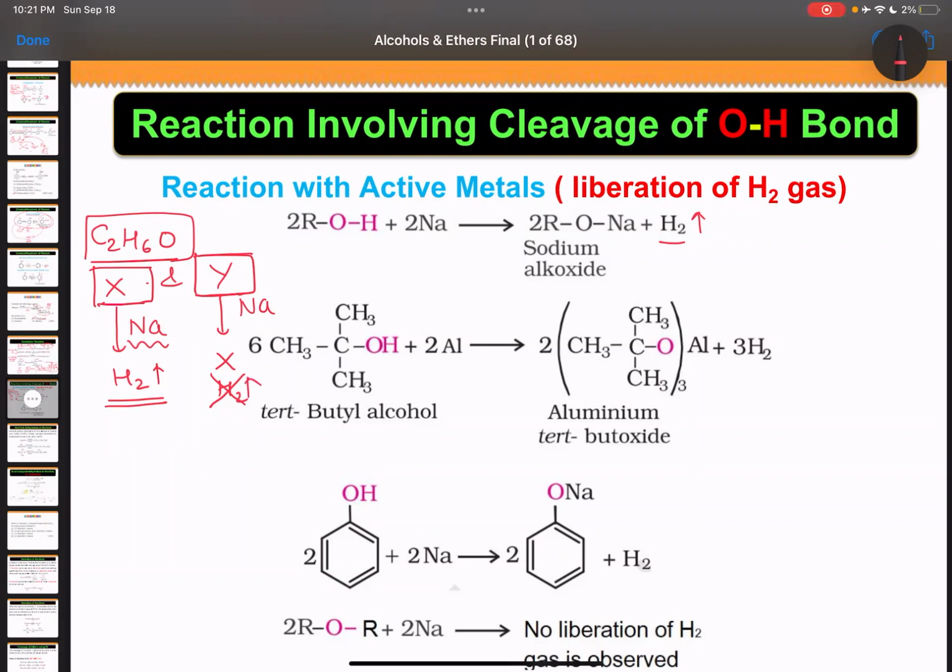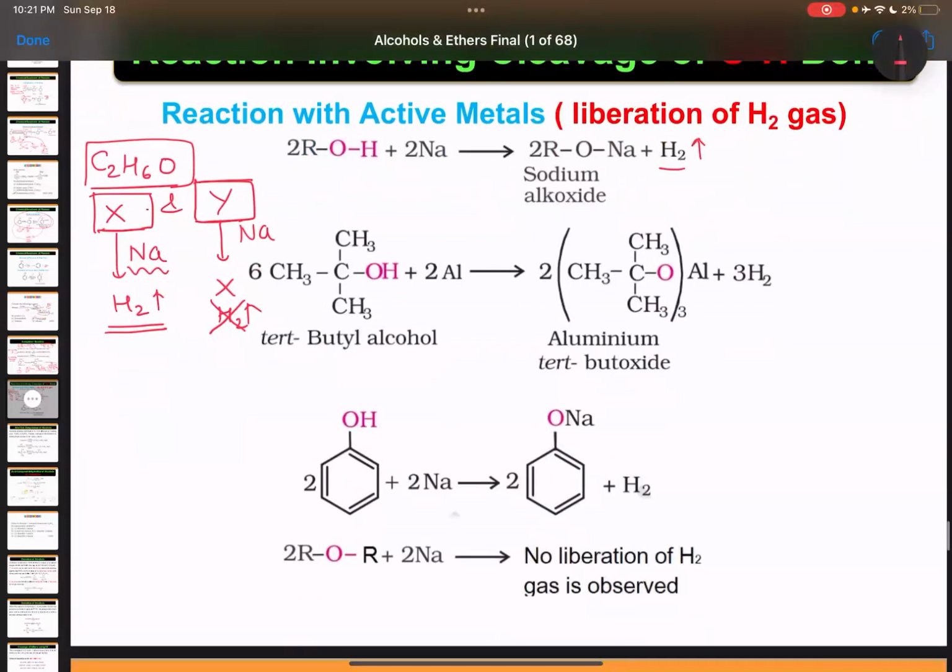X and Y have the same formula C2H6O. X liberates hydrogen gas. On the other hand, Y doesn't liberate hydrogen gas. So what is X and Y? Tell me.